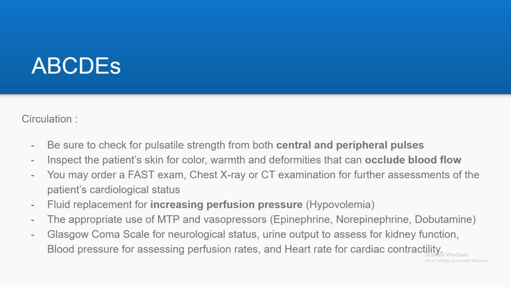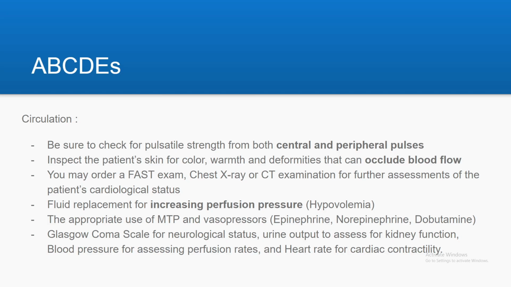You want to start the patient on fluid replacement for increasing perfusion pressure. This is mostly used in patients with hypovolemia. Next is the appropriate use of the massive transfusion protocol and the vasopressors like epinephrine, norepinephrine, dobutamine, or dopamine.